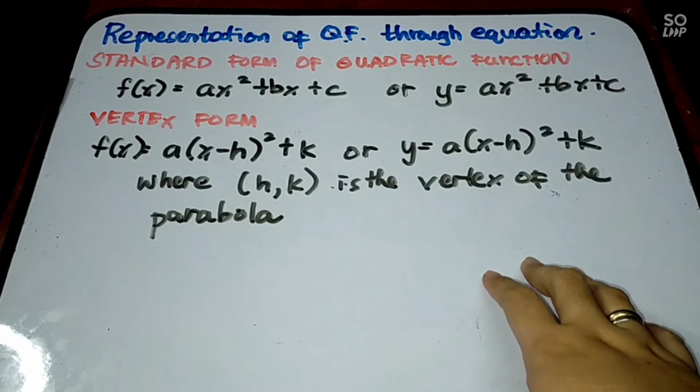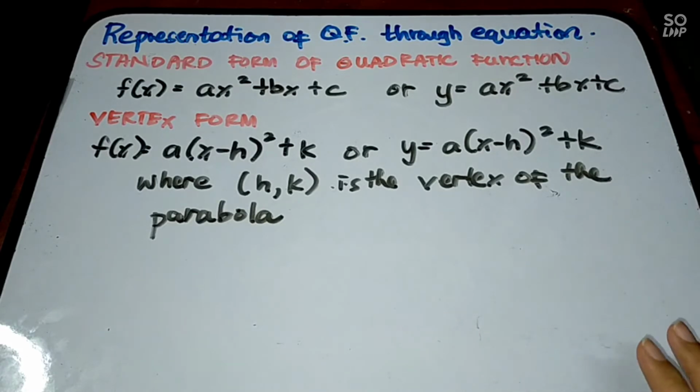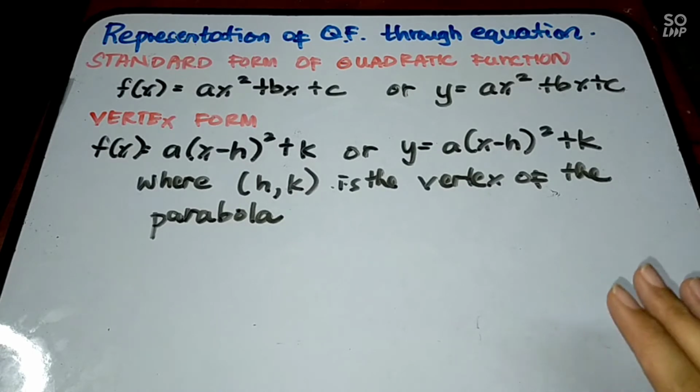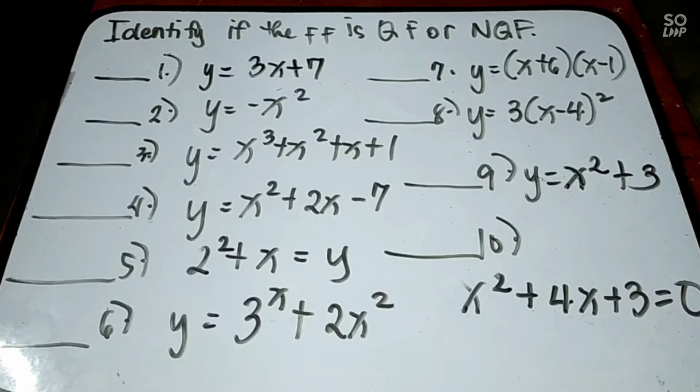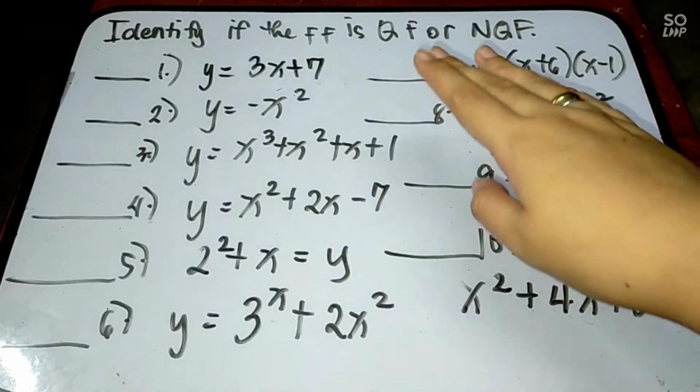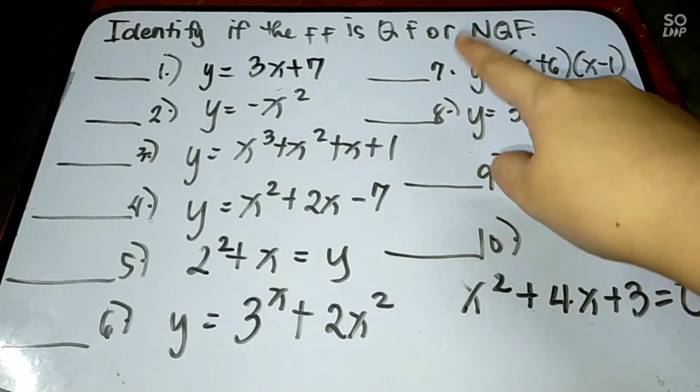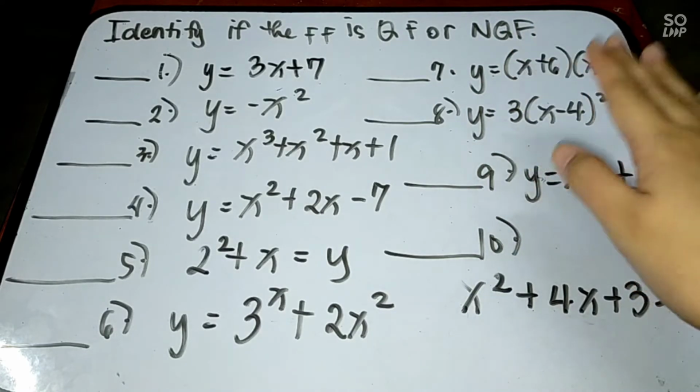Is it clear? Now, let us identify the given. I will give you some examples. I-identify natin if the given is a quadratic function or not. Identify if the following is a quadratic function, QF, or not a quadratic function, NQF.